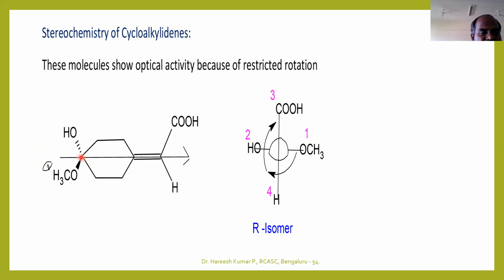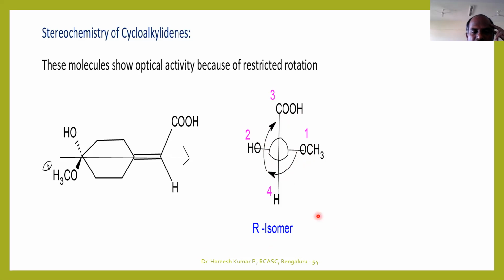Since the chiral axis passes through this carbon atom, these two take the priority. Between these two, this takes the first and this takes the second. That means this is one, this is two. Between these two, this takes the priority. So when you are moving from 1 to 2, 2 to 3, it is a clockwise direction and it is an R configuration.